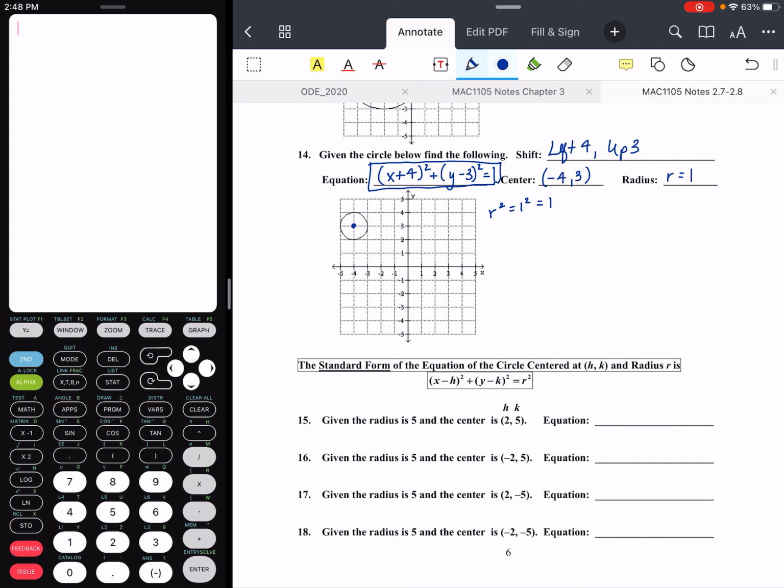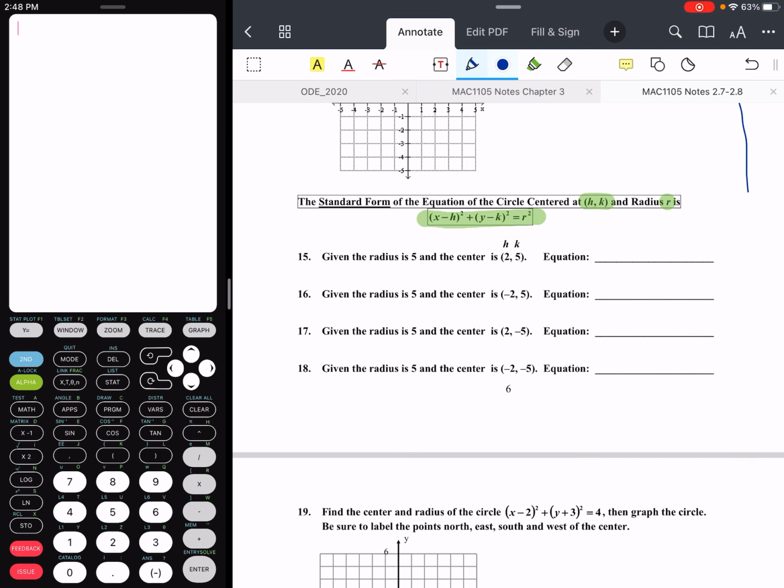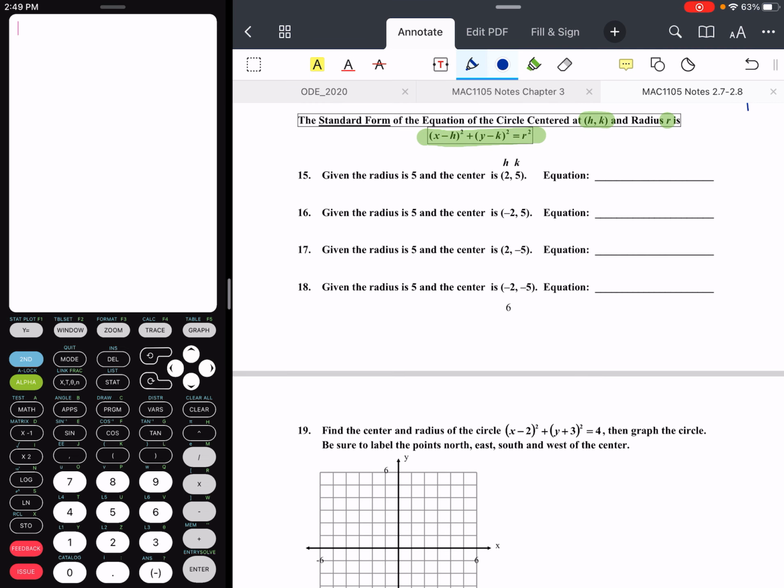All right, so standard form of the equation of the circle, what we've just been working with, is (x − h)² + (y − k)² = r². This circle would be centered at (h, k) with a radius of r. So keeping that in mind, let's look at 15, 16, 17, and 18.